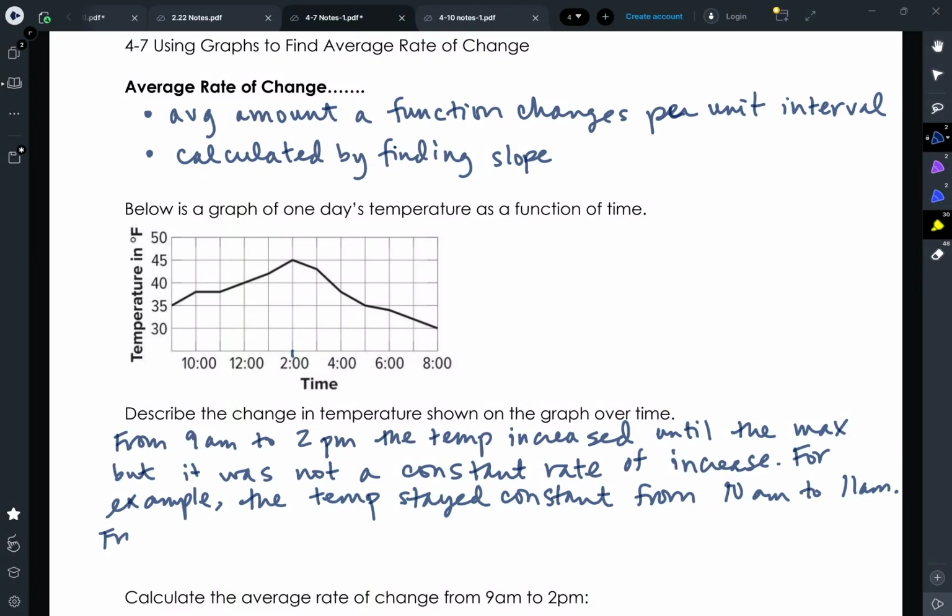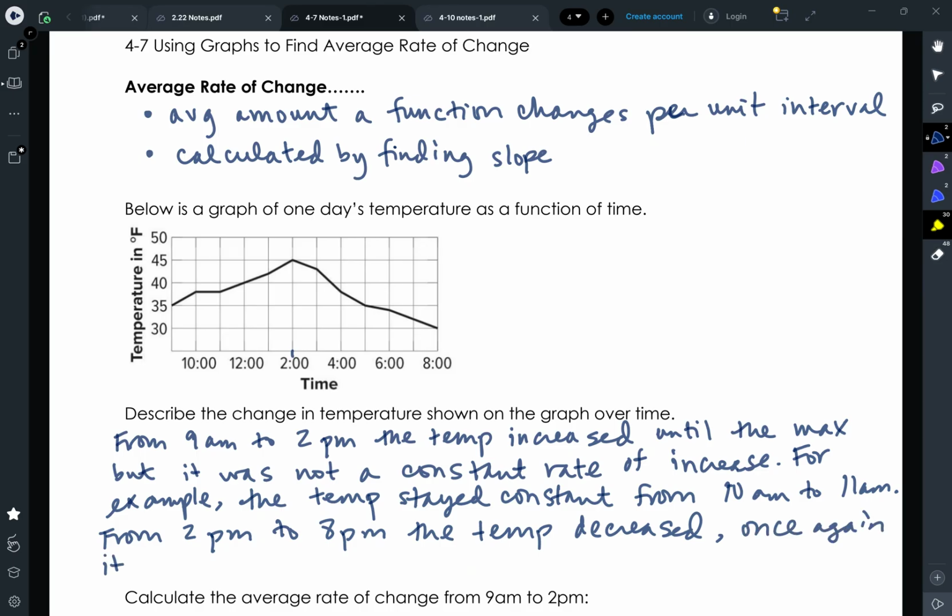From 2 p.m. to 8 p.m. the temperature decreased. Once again, it was not a constant rate of change.